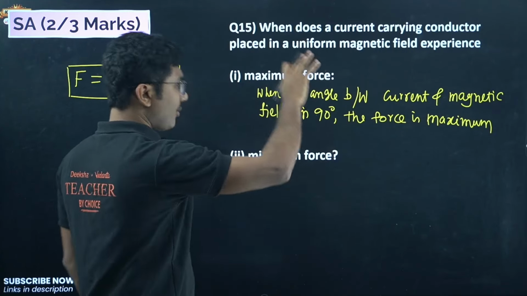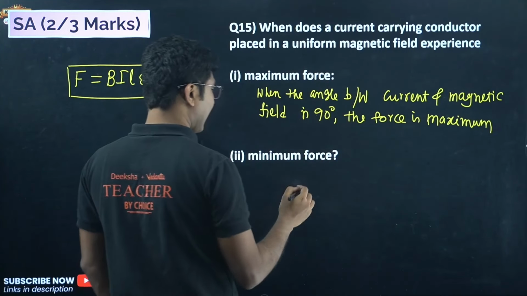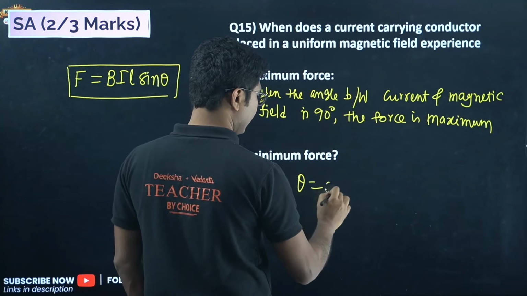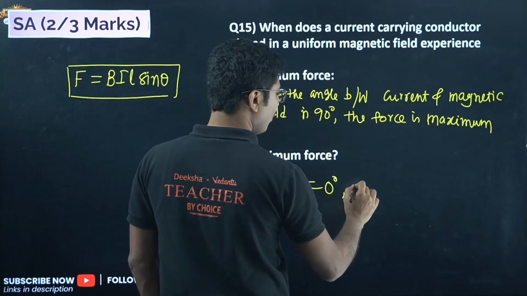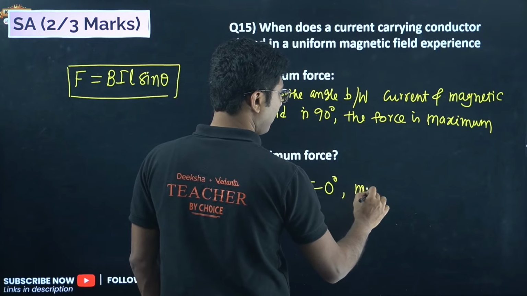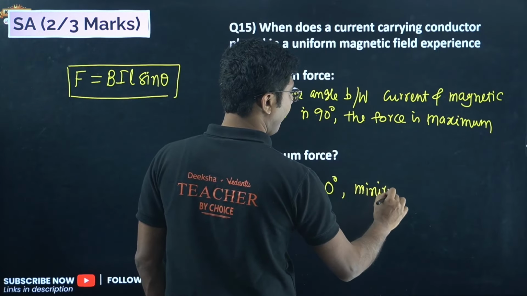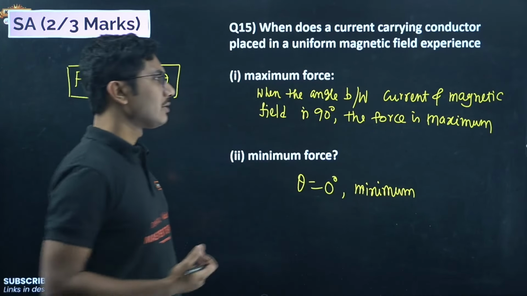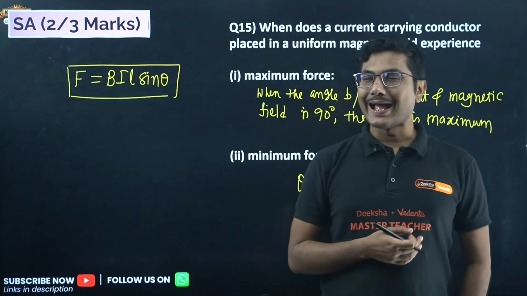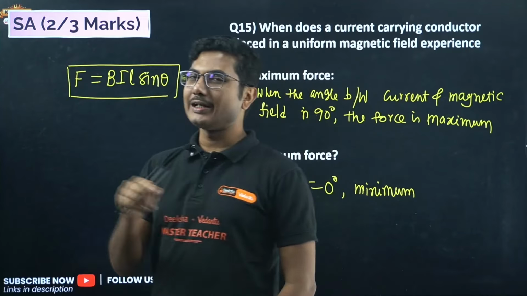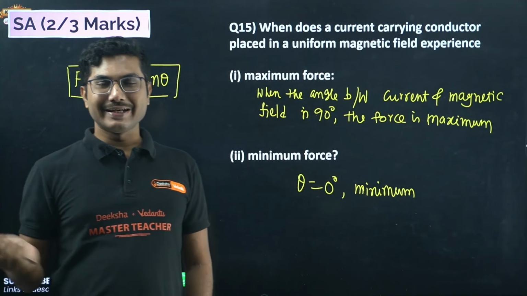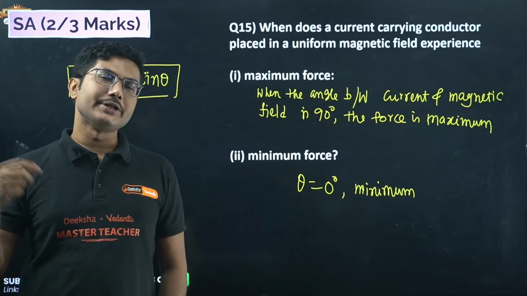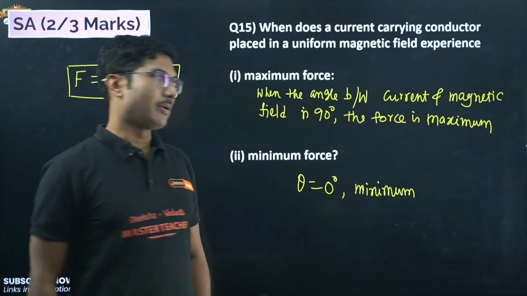When the angle theta equals 0 degrees, force is minimum. Write it in a complete sentence: write this expression, and write that when theta is equal to 90 degrees, force is maximum, and when theta equals 0 degrees, force is minimum.